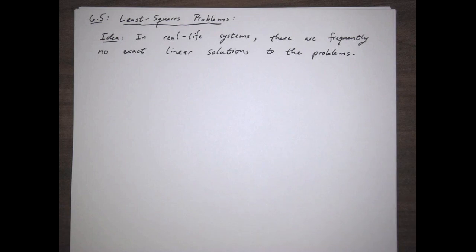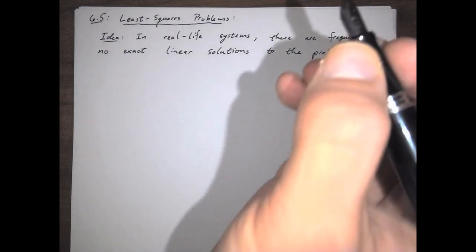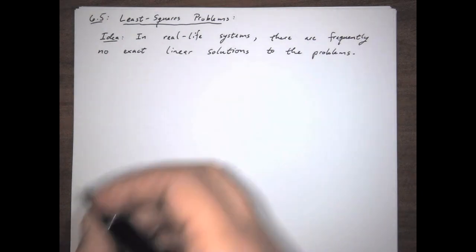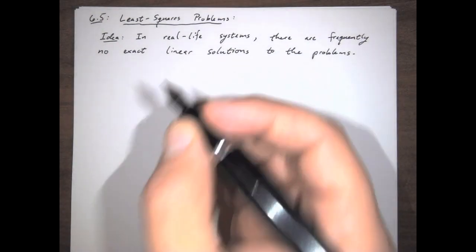That's either because the situation is not actually, literally, a linear one, or because the data we're using is not from some exact thing, but rather from some sort of measurement, and all measurements carry with them the possibility of some sort of error. So our goal is going to be to find not necessarily the solution, but the closest solution.